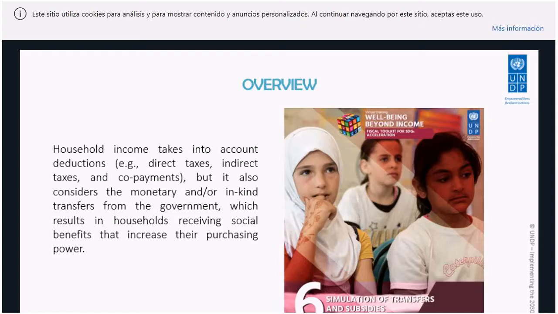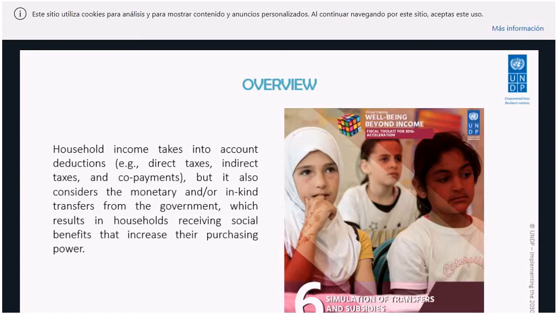But that is basically the rationale, and the complexity is not about the concepts and the equations, but to make sure and to understand the multiplicity of programs, rules, requirements, and who at the end is the target population. So we can properly identify this target population in our household survey. So at the end we can simulate.